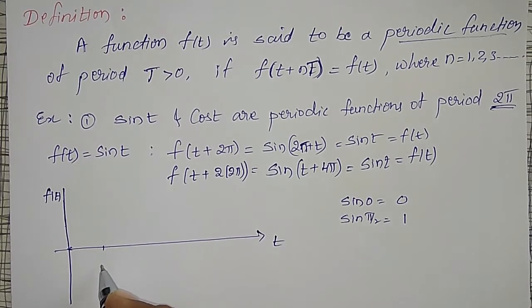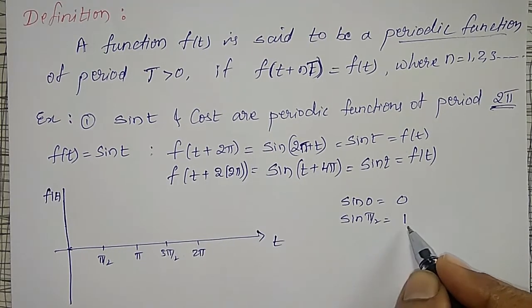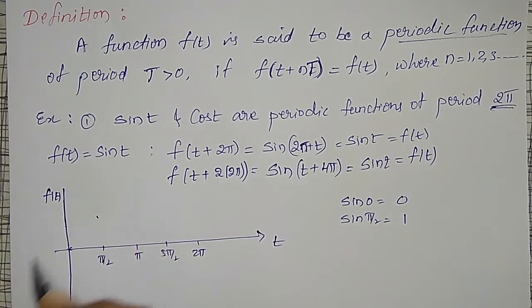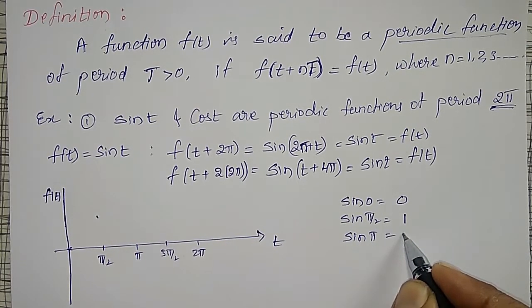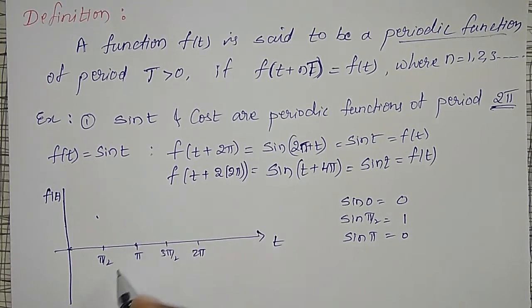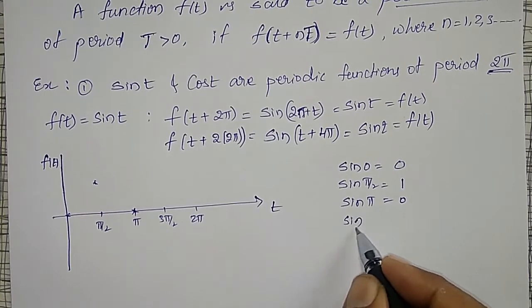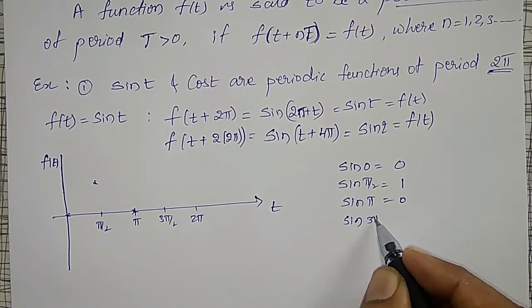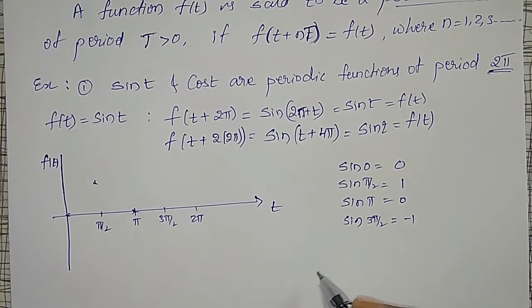Therefore, let me take here pi by 2, pi, then 3 pi by 2, then next 2 pi. Sine pi by 2 equal to 1, then sine pi is again 0. These are the points. Then sine of 3 pi by 2 is equal to minus 1.